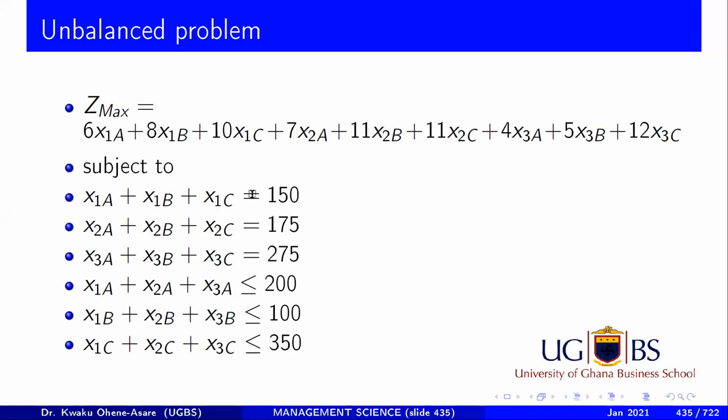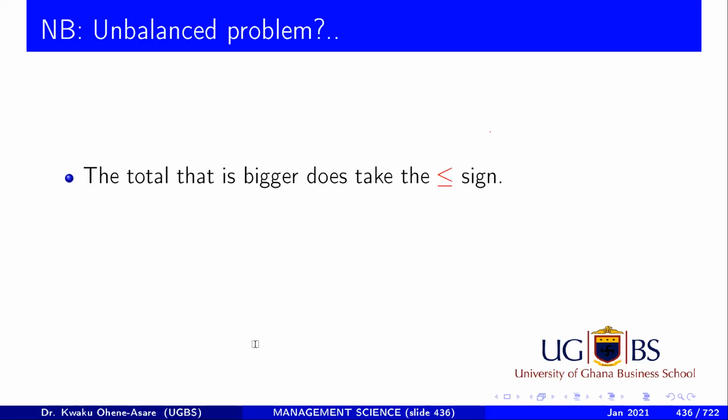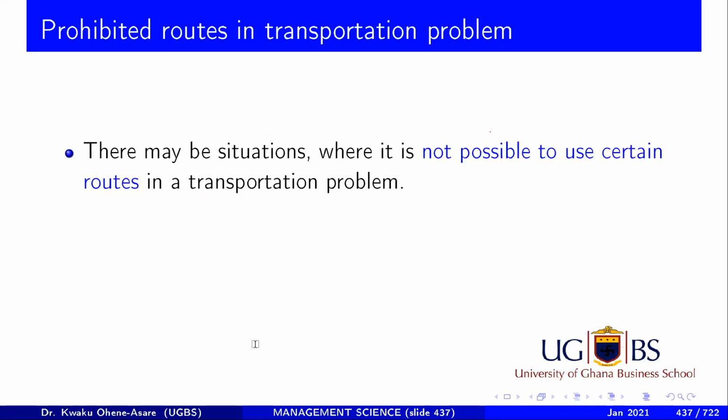And so the supply must have less than or equal to, so that it is less than or equal to the 700 that they will have in total, so that the demanders will have a pure equality. The demanders will have a pure equal to sign. So the one that is having the bigger number must always have less than or equal to. If the supply is having a bigger number, it must have the less than or equal to symbol. If the demand is having the bigger number, it must have the less than or equal to.